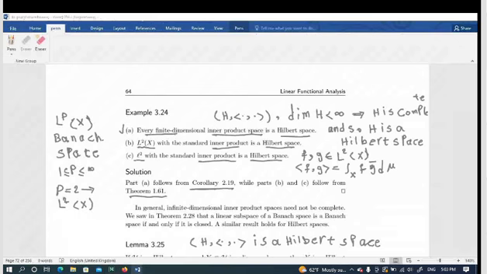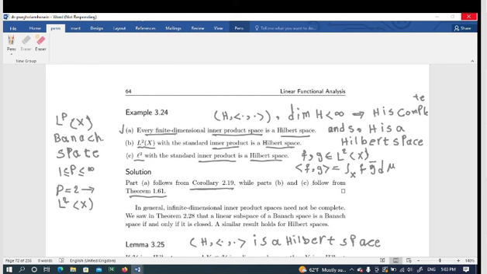Okay. So as I said, the first example is finite dimensional inner product spaces, because if the dimension of a normed space is finite, it will be complete.